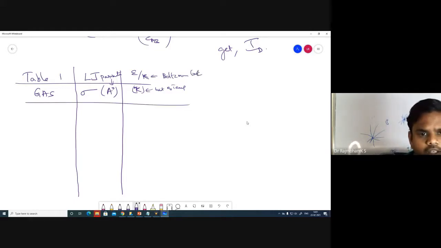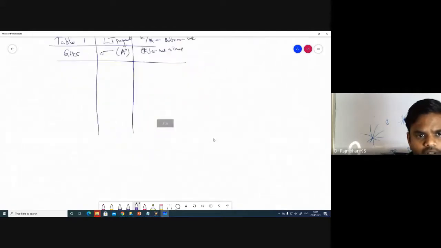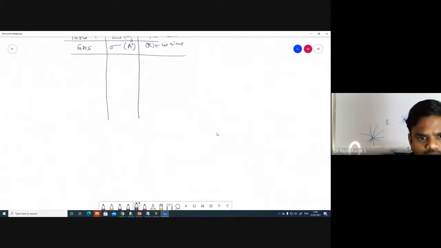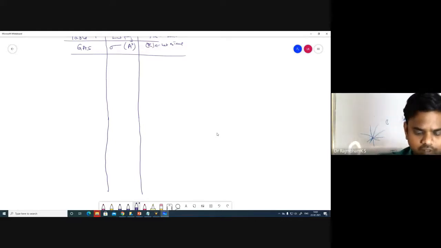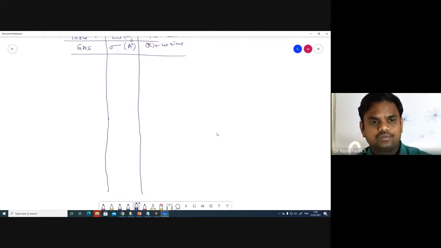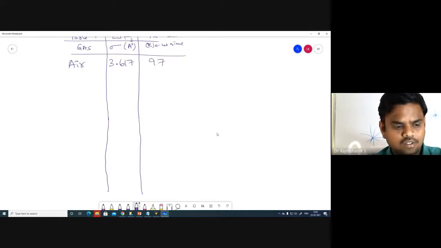We have data for this one. Please make a neat table and write down these values. For various gases I am writing from the notebook. For air it is 3.617 and 97.